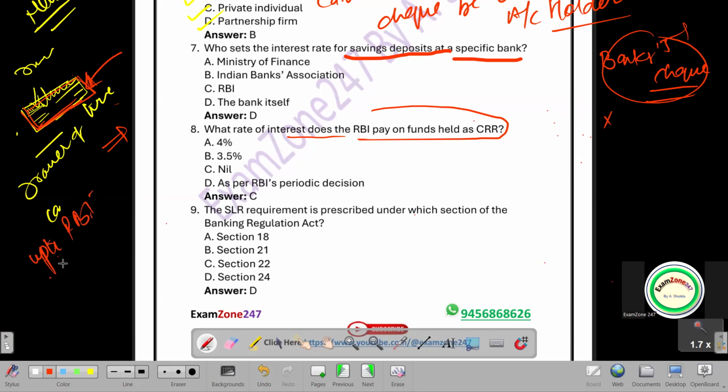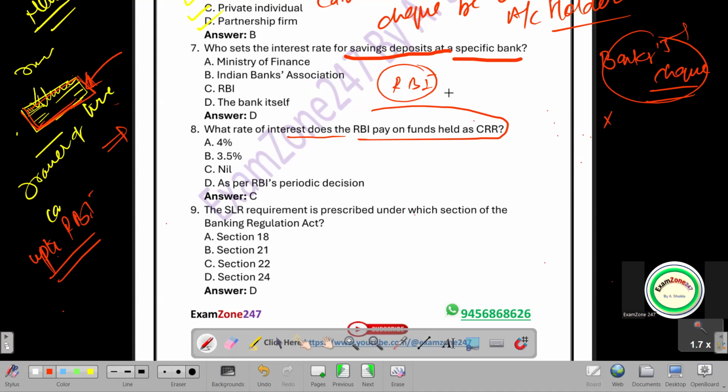If RBI were deciding the interest rate, then there would be a similar interest rate on all banks. Suppose in the exam you are not able to decide. अभी एग्जाम में आपको लगता है कि ये मुझे पता नहीं है कि ये आरबीआई करता है या कौन करता है, तो आपको थोड़ा सा दिमाग लगाना है कि अगर ये सिंपल इंटरेस्ट रेट आरबीआई डिसाइड करता, then every bank might have the same interest rate in saving accounts.